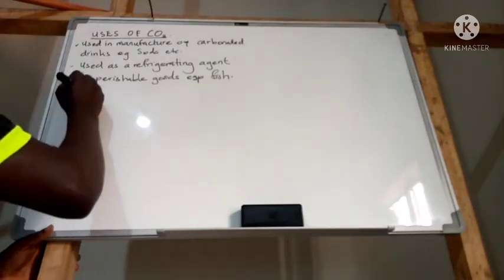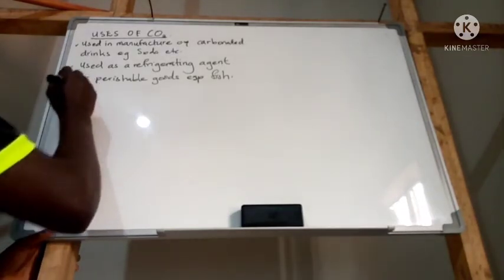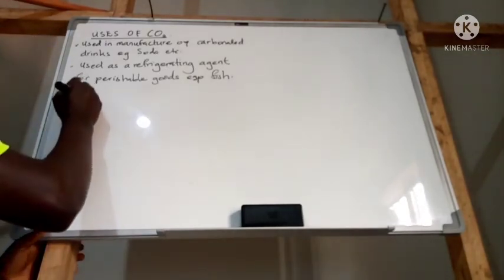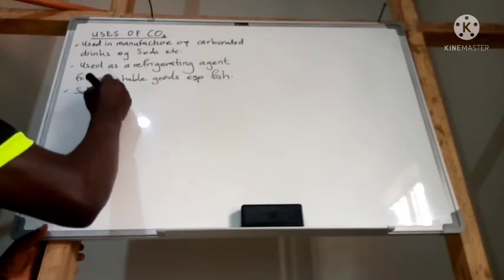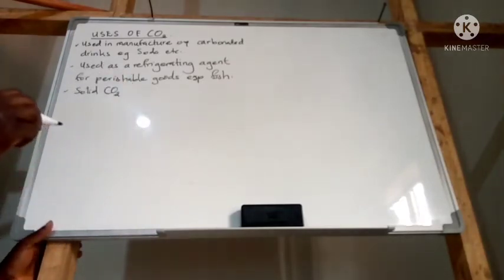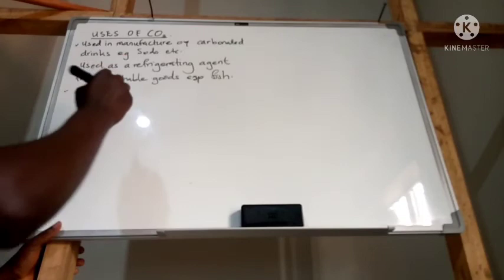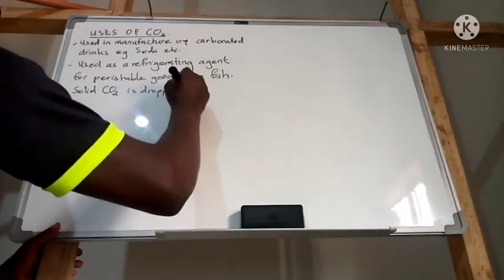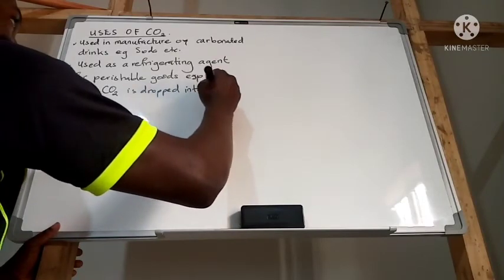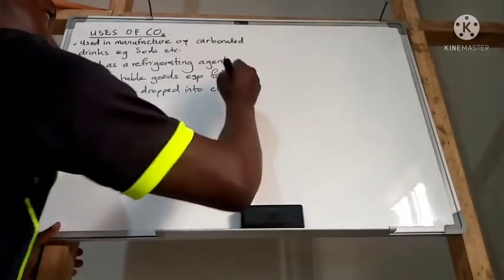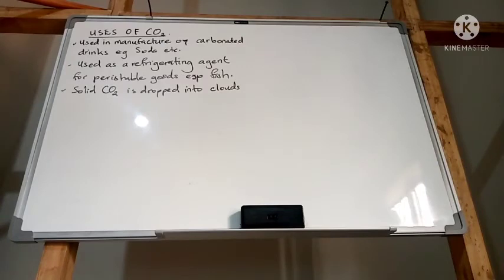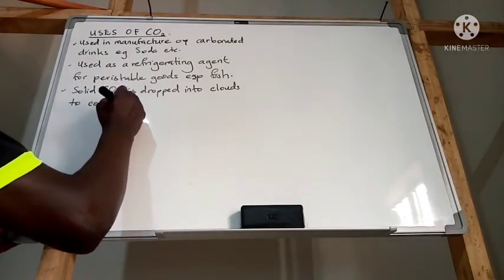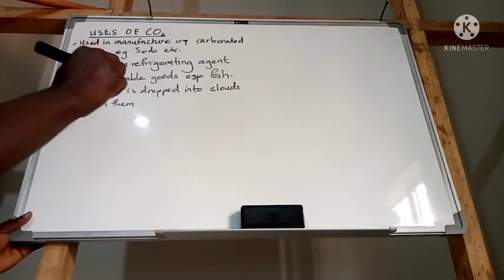So we can say that solid carbon dioxide is dropped into clouds to cool them to form rain.